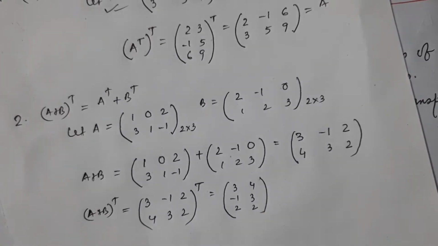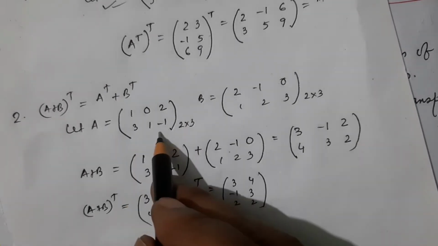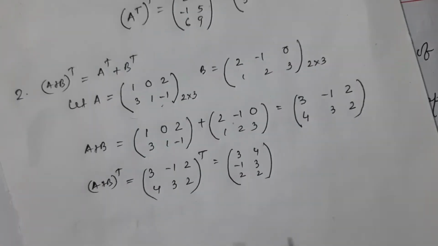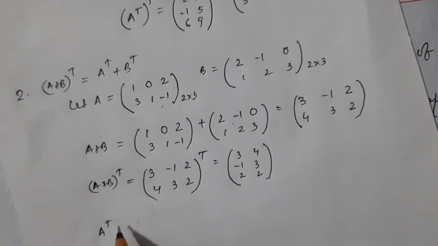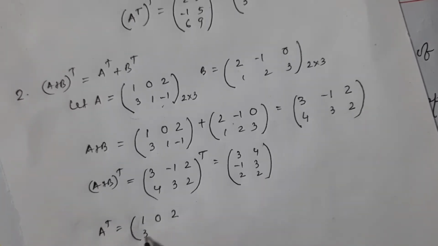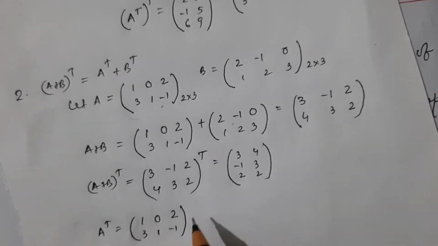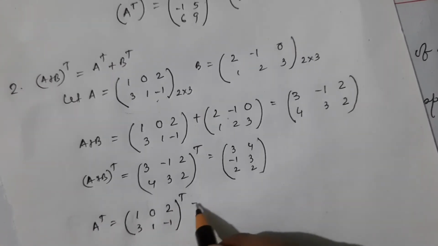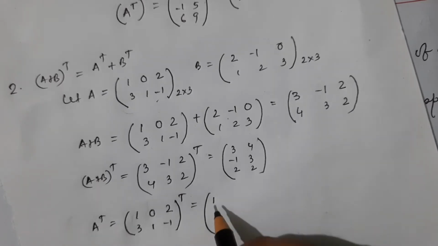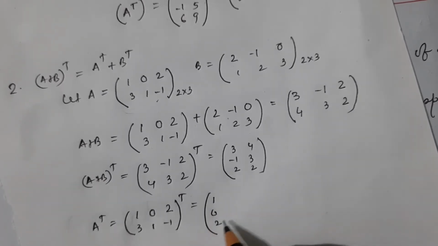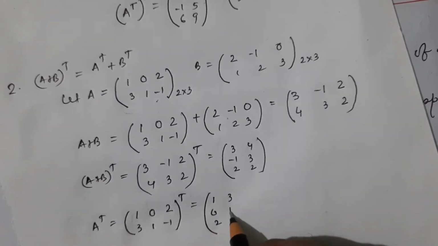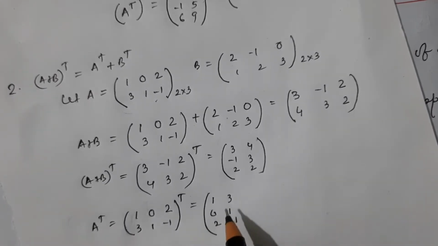Again here A is this, so we at first calculate A transpose. A transpose is equal to the transpose of 1, 0, 2, 3, 1, minus 1, which gives 1, 3, 0, 1, 2, minus 1.